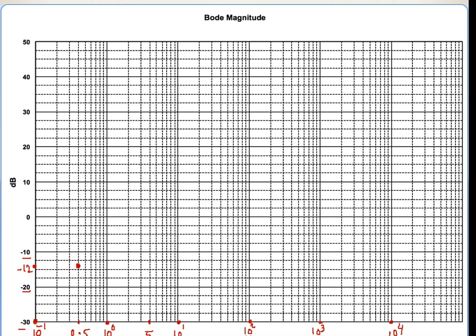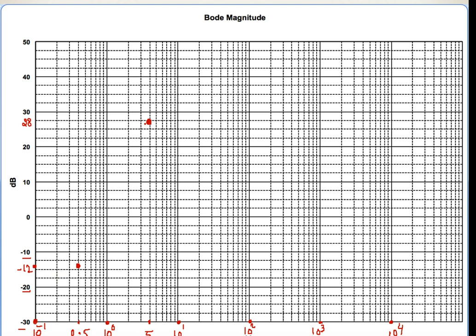I am just explaining the procedure to draw the Bode plot. So when omega equal to 5, the magnitude will become plus 28 decibels. Plus 28 decibels means somewhere here, I am taking this as the 28 decibels line.